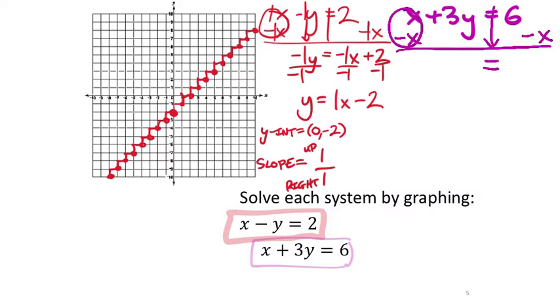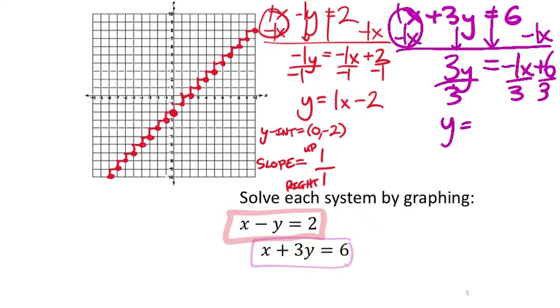That's going to zero out the x's, and we can see the 1s there. Drop my 3y, which now equals -1x plus 6, and then divide all the terms by 3. Here we get y equals, I'm going to show it as -1/3 x, and then 6 divided by 3 is 2. So once again, we now have our y-intercept.